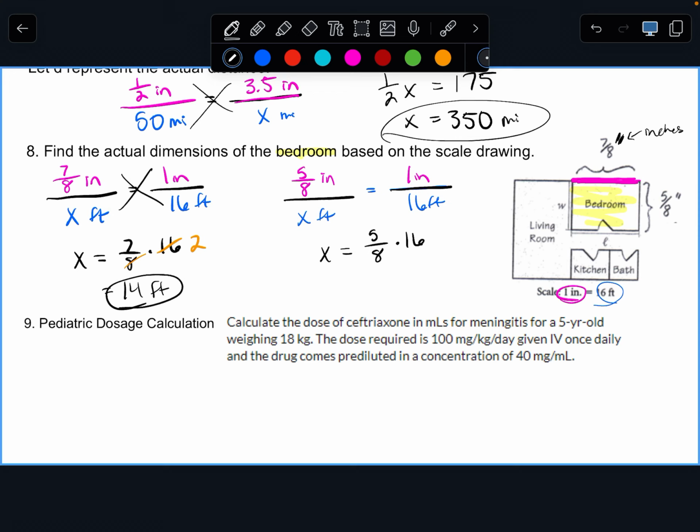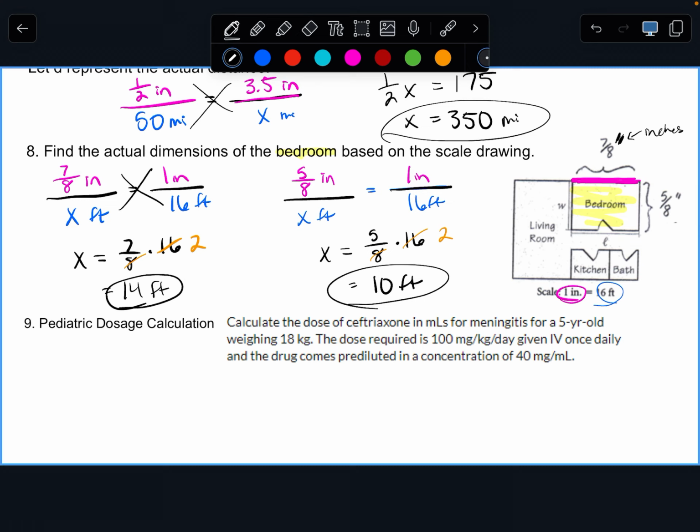Fractions aren't bad if you know how to deal with them. You can just leave it like this. I don't want to deal with this.